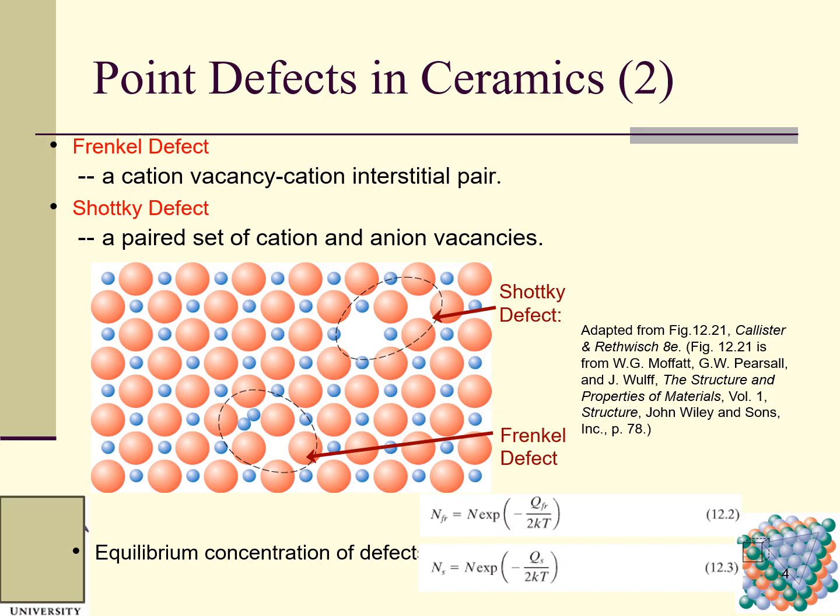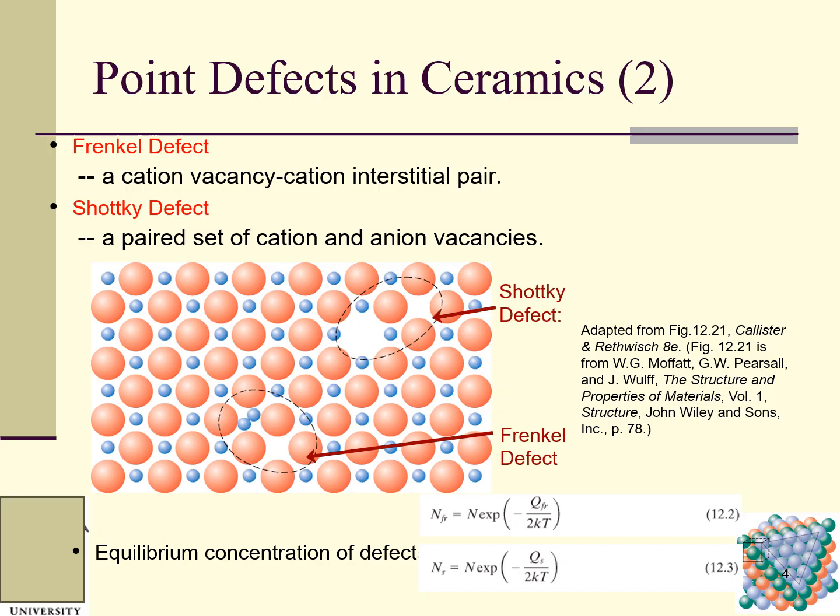And we talk about the Frenkel defect and the Schottky defect. A Frenkel defect is a cation vacancy and cation interstitial pair. So there is a cation vacancy and a cation interstitial, and both of them exist. For example, this is a Frenkel defect.